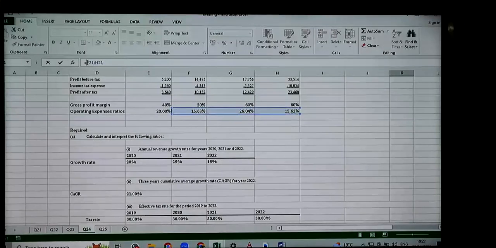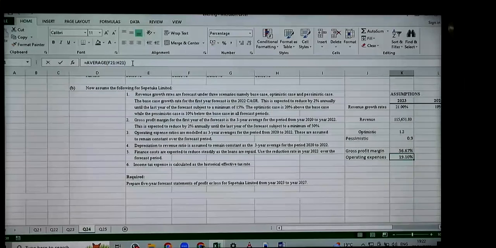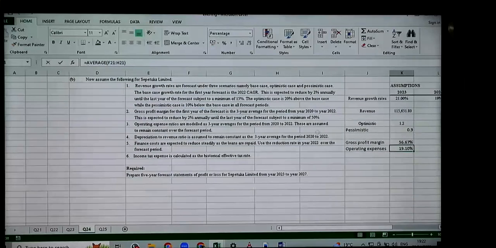Then I'll do average. I press tab. I come to close my brackets, control enter, control backspace to jump to the active cell. And we've been told that this one is assumed to remain constant over the forecast period. So there's no need of dragging it along because it remains constant, isn't it?